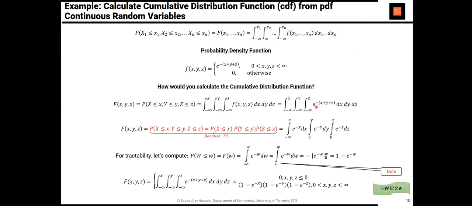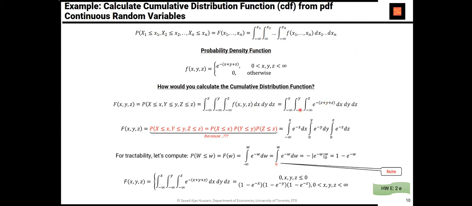Of course, you have to remind yourself that this expression only exists for x, y, z bigger than 0. So when you do it in Wolfram Alpha, or if you do it by hand, you would have to put 0, 0, 0 over here and carry out the integral to give the right answer. Or you could do a trick.